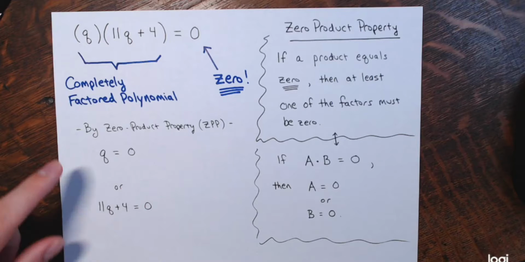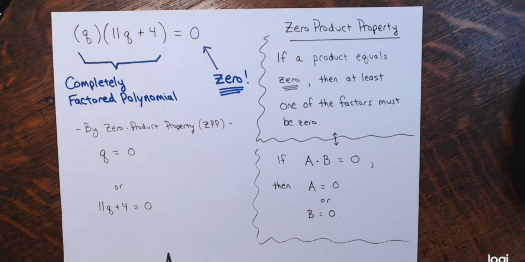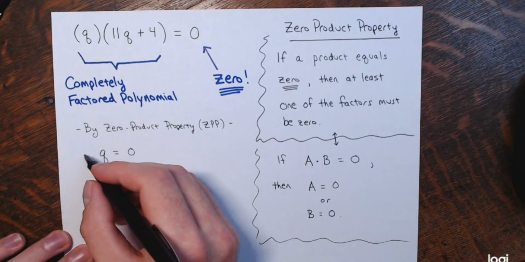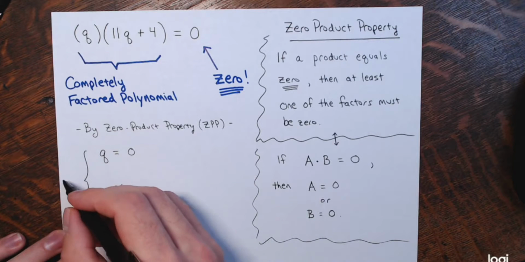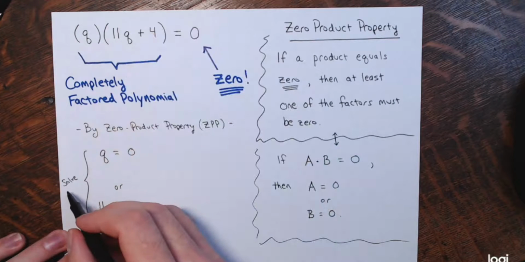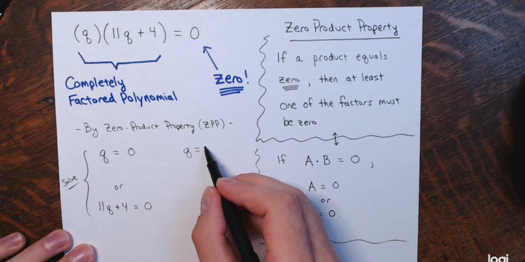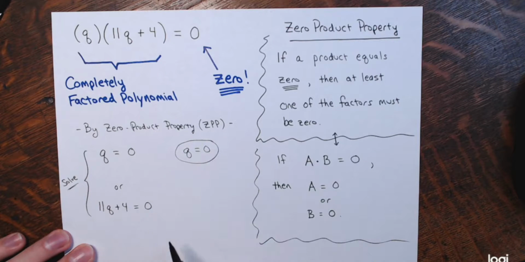So we're going to take our polynomial equation and split it up into two easier equations, and you solve these, and of course check your solutions back on the original. Now q equals 0, when you solve it, it's just q equals 0. And that's a solution of that equation.